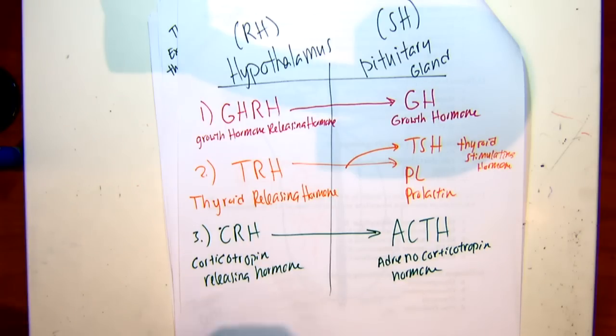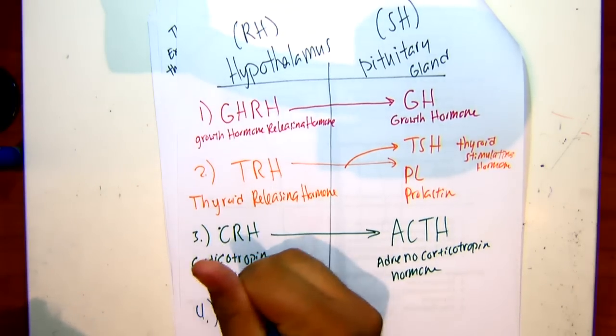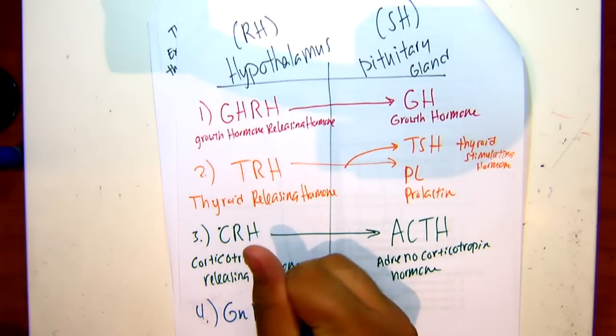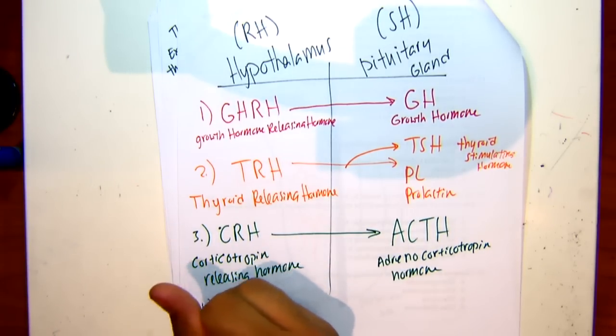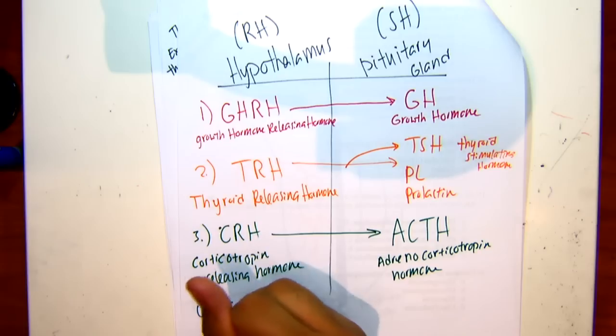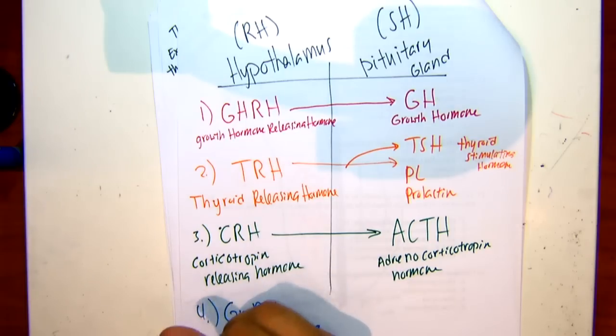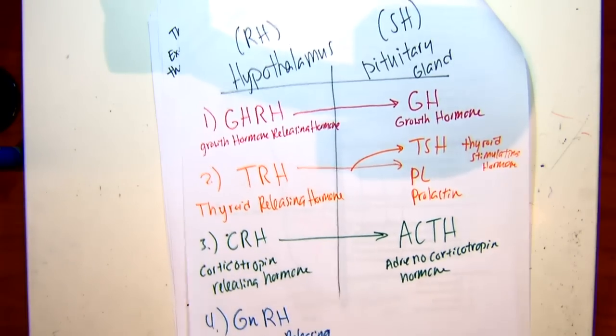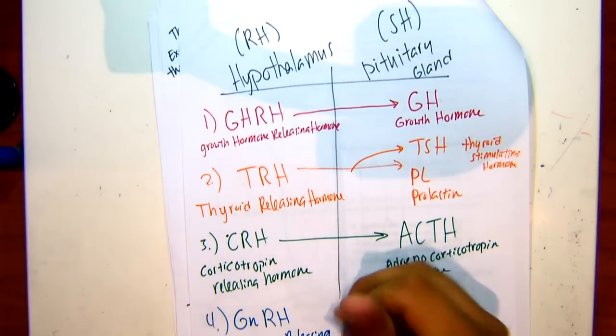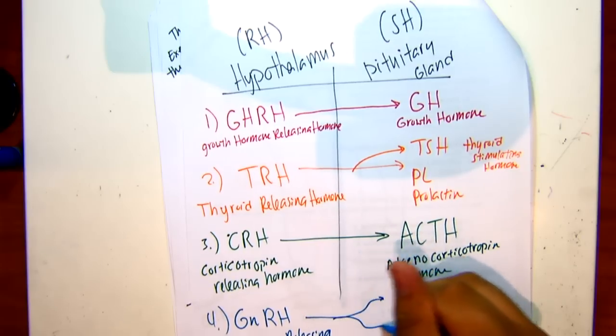And then the next one is GnRH, gonadotropin releasing hormone. Okay, and this is important for our reproductive system, right?